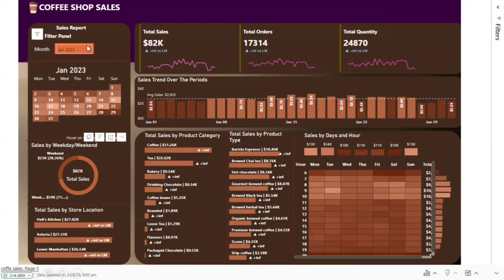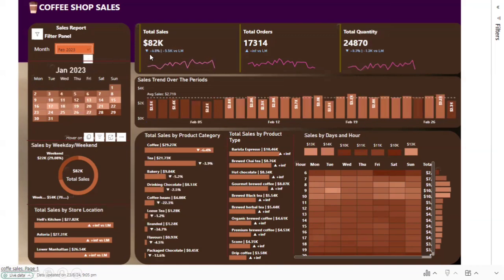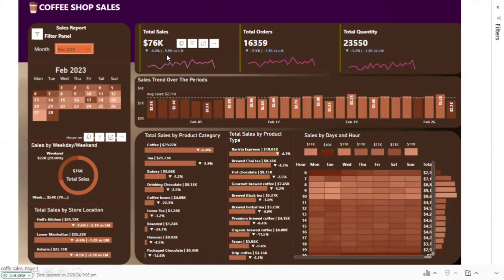This is all the overview related to January. And if we go to February, with the month plus one month in our filter, we can see how month-on-month sales are performing. In February, sales have declined by 6.8%, which in number is a $5.5K decrease.